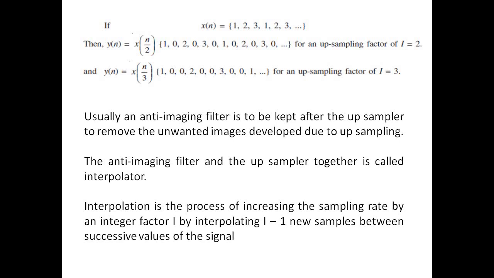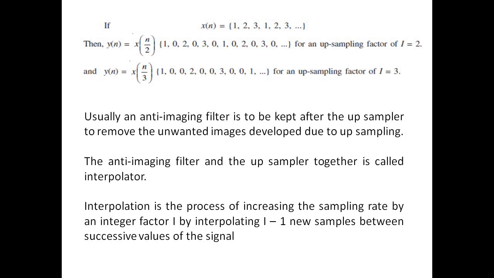What do we mean by that? At regular intervals of time period 2, that is 0, 2, 4, 6, every interval has to be upsampled. So we will see what x of n by 2 is, as well as x of n by 3.